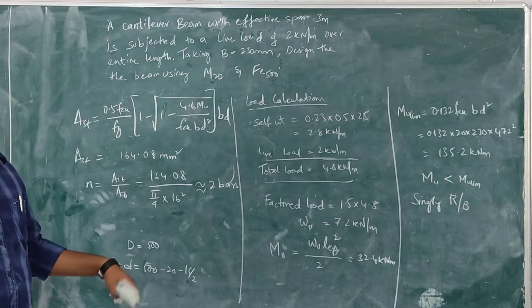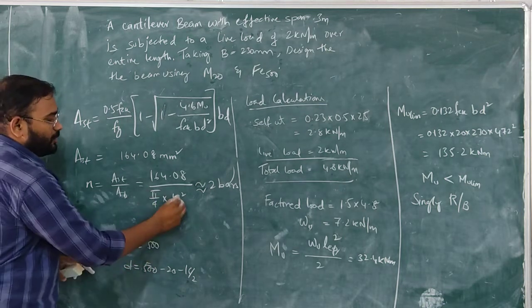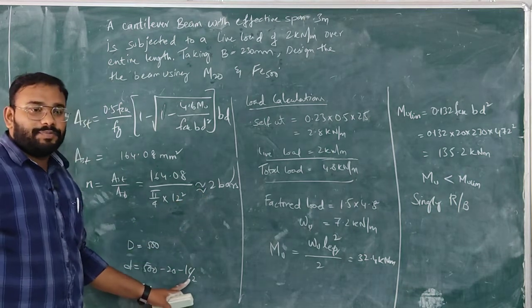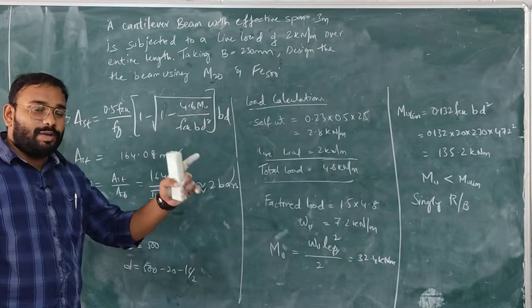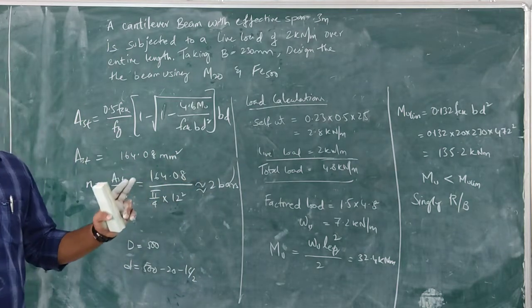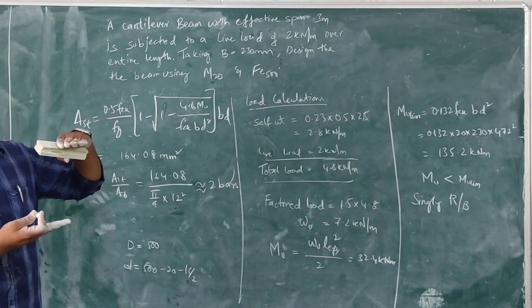It doesn't make any difference. So you can take a 16 mm diameter bar, or a 12 mm diameter bar here also. When you are assuming 16 here, you can take bars of 12 and 16. Both bars can be taken when you are calculating number of bars. Why? Because if I take 12, depth will increase, it will not decrease.